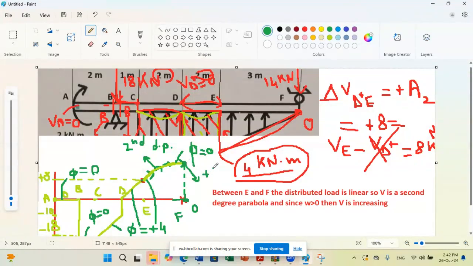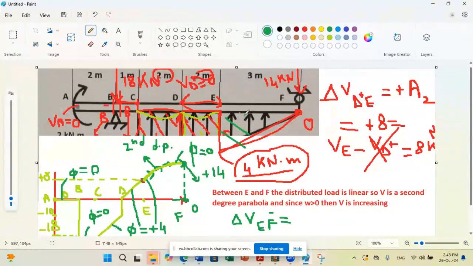To make sure of this, let us write what is delta V between E and F. Delta V between E and F is equal to which area?